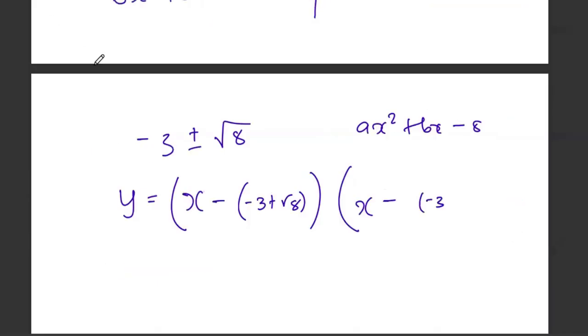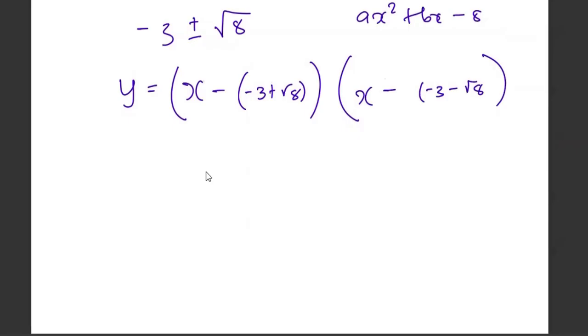Okay. But this is also something that we can use. Say x plus 3 plus root 8, x plus 3 minus root 8. Okay, so if we open this up, let's just confirm and see if the 8 will come out the way we want it. This and that is going to be x squared. This and that is going to be a negative 3 minus root 8.